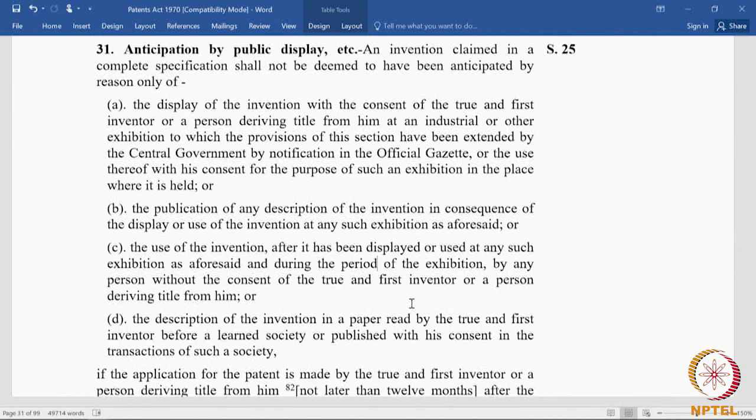Okay. So, A covers display and use by the applicant with his consent. B covers all the publication material which goes with the display or use. C covers use of the invention by a third party without the consent, but within the exhibition. For instance, there is a gadget that was displayed and used by an applicant.